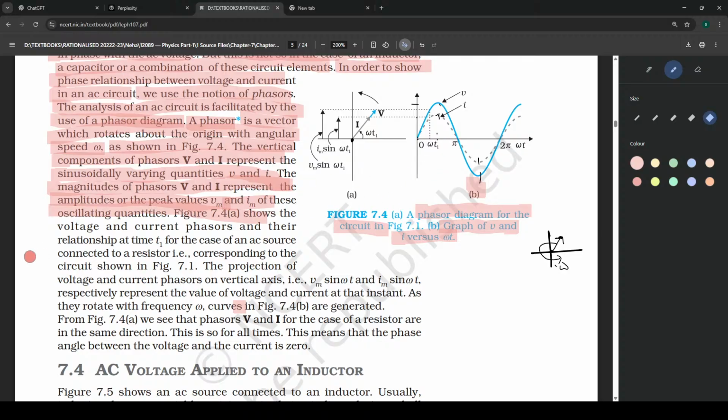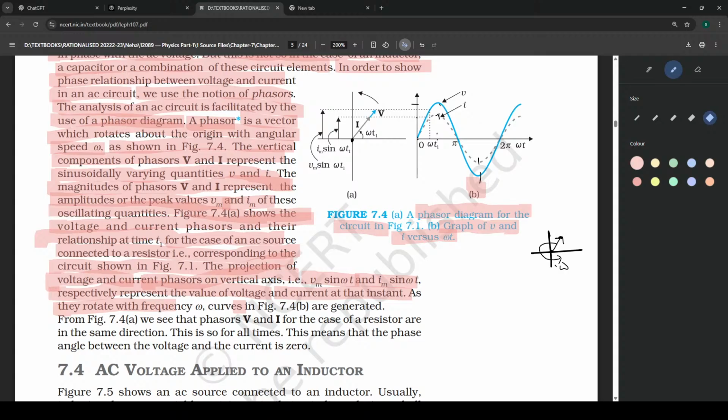Now this figure 7.4a shows the voltage and current phasors and their relationship at time t1 for the case of an AC connected to a resistor, that is corresponding to the circuit shown in 7.1. The projection of voltage and current phasors on vertical axis, that is Vm sin omega t and Im sin omega t, respectively represent the value of voltage and current at that instant.